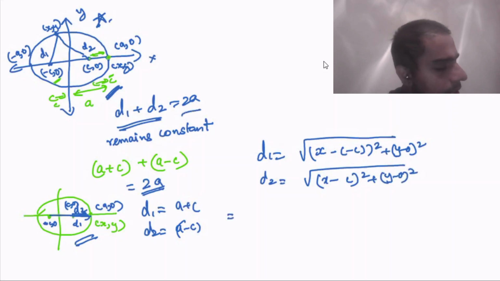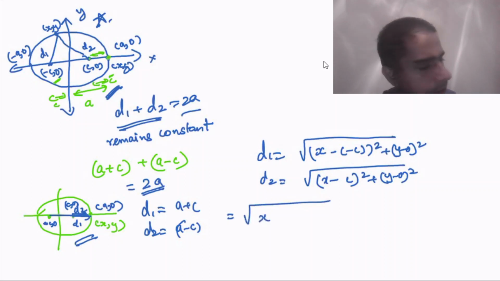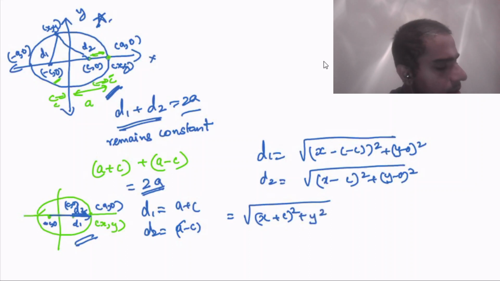Now rewriting the equation, the square root of x plus c the whole square plus y square equals d1, and d1 plus d2 equals 2a.